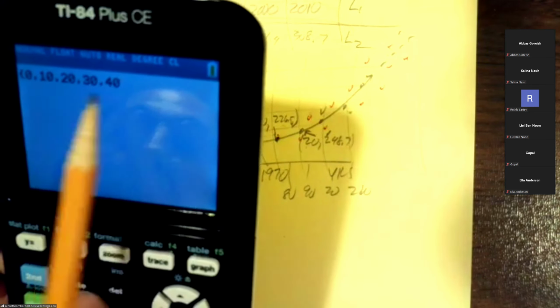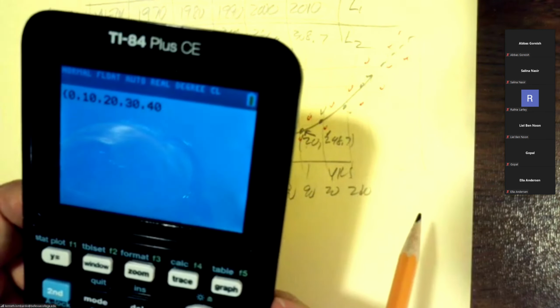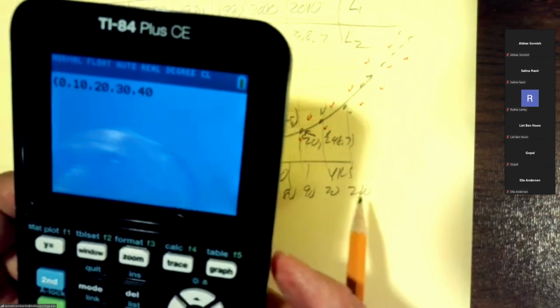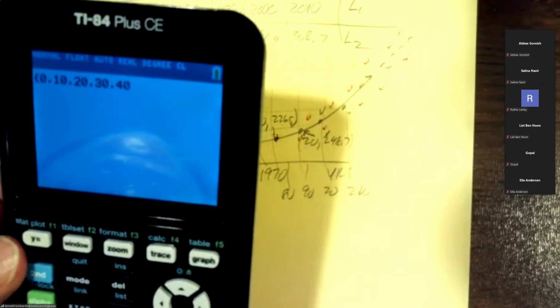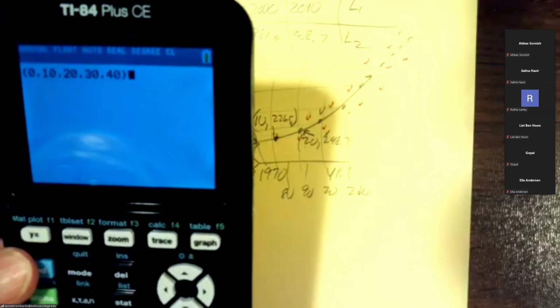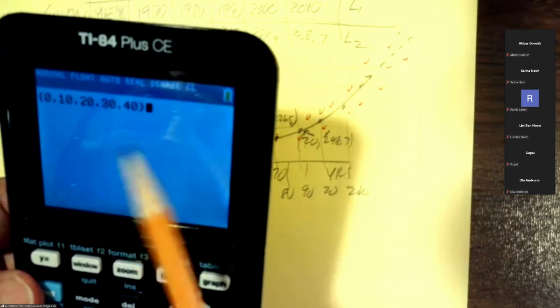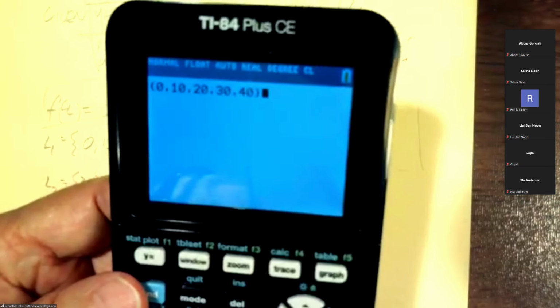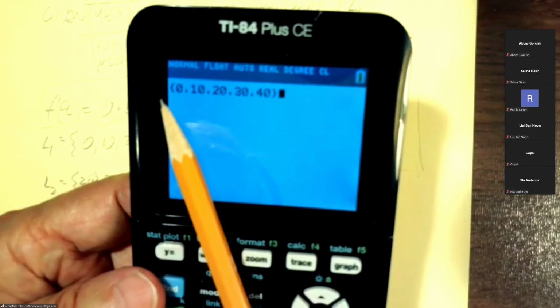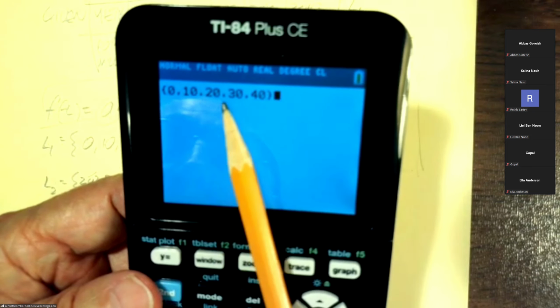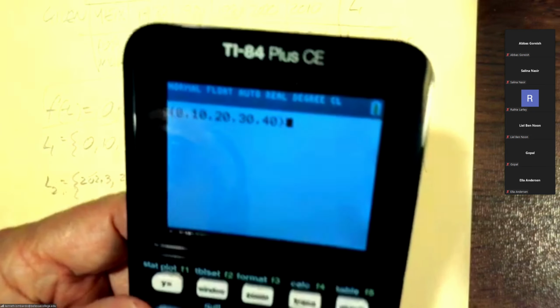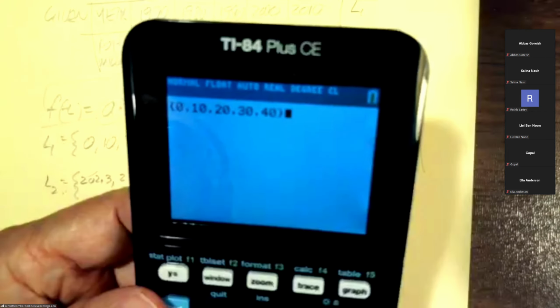That's 1, 2, 3, 4, 5 values. Those are the values I said I was going to use. I'll finish that with a right brace, second and a right paren. Let me make sure that all looks good. There's no use going any further if we've got our values wrong. So we've got a left brace, 10, comma, 20, comma, 30, and so forth. That looks good.